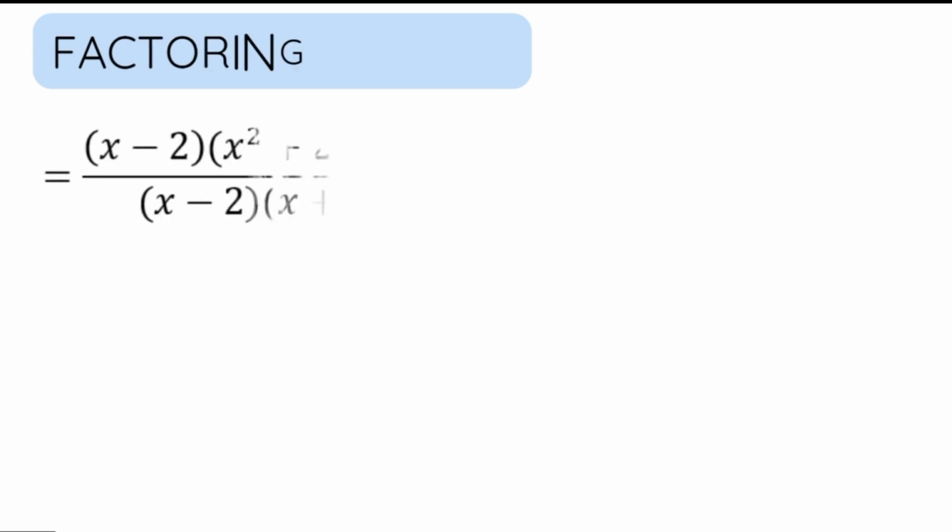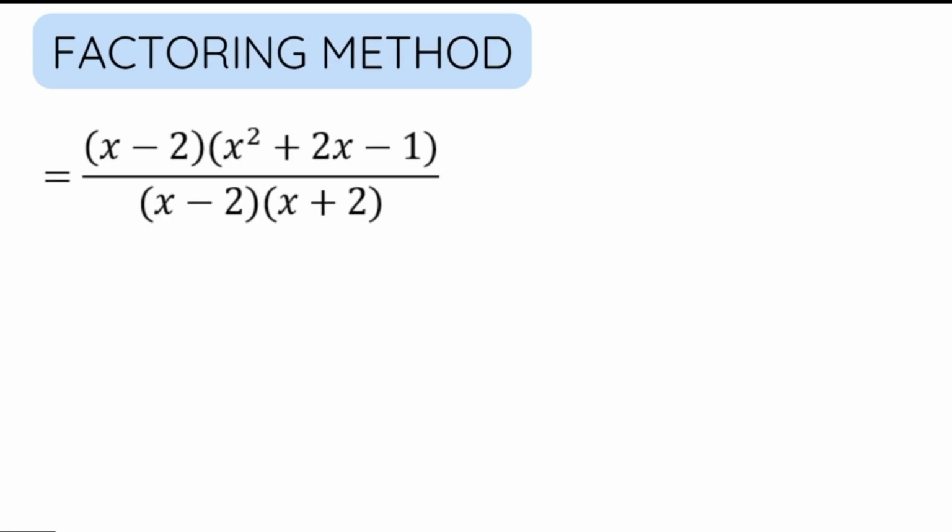Got it? So now our expression looks like this. Now look at that. We've got x minus 2 in both the numerator and the denominator. Since x is approaching 2 but not equal to 2, we can cancel this out. So we're left with x squared plus 2x minus 1 over x plus 2.